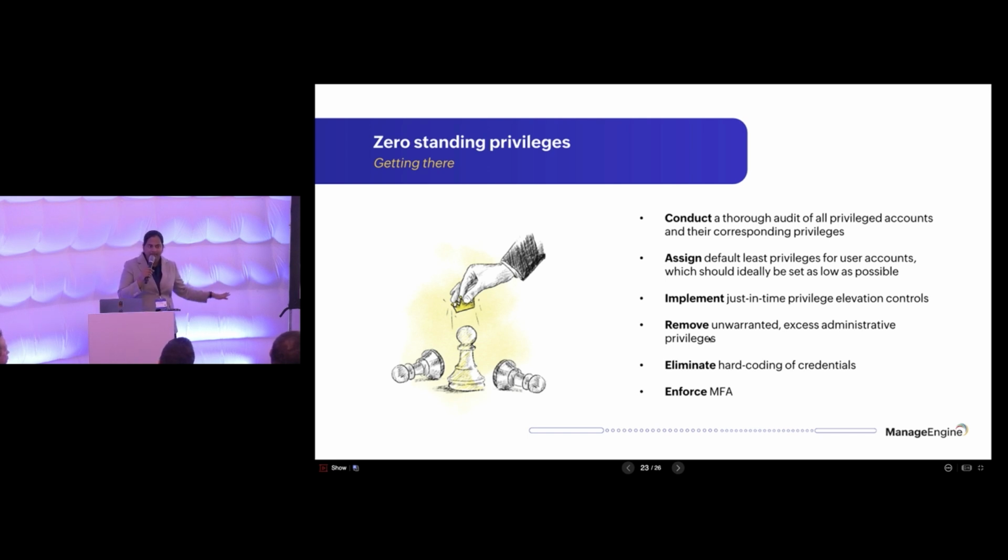So you need to eliminate that. If Kubernetes or if Docker needs secure passwords or secrets, you need to have a PAM tool where these secrets are stored. And you need to securely fetch these secrets using an API instead of storing them in text files, which are prone to leak, right?